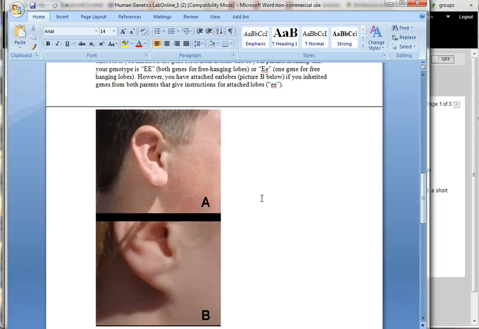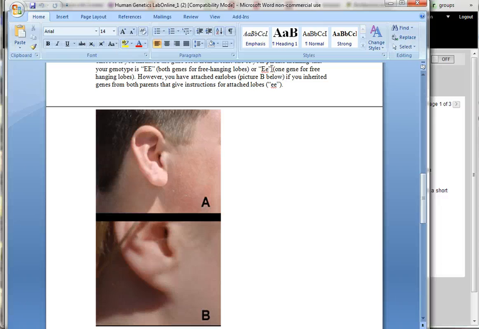You can have 2 capital E's, two dominant traits, one from each of your parents, or you could get a dominant trait from your mom, for example, and then the recessive from your dad. That would be the big E and the little e. That would show up as your genotype as big E and little e, but your phenotype, once again, is the same. It's a dominant trait.